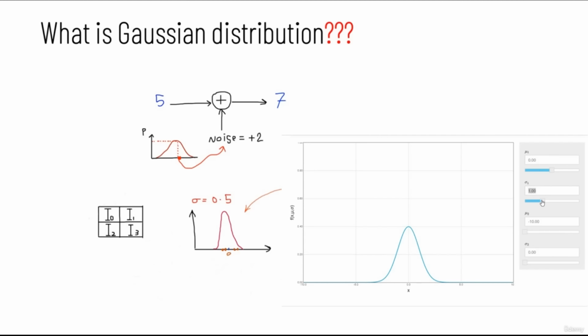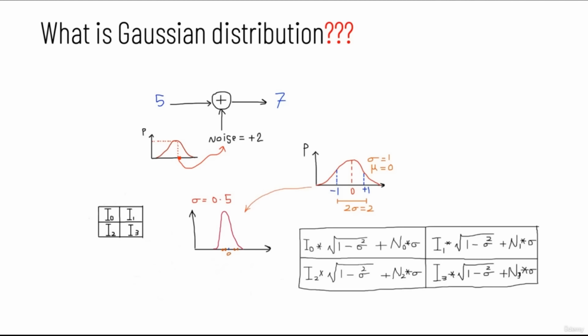When we reduce the value of this parameter, the width of our Gaussian distribution will reduce, while when we increase the value of this parameter, the width will increase. And the mean here, we will use it to shift our distribution based on our original data. As you know, we will add the noise on our original data. And this normal distribution will not have any shift, so the value of this mean will be equal to 0.